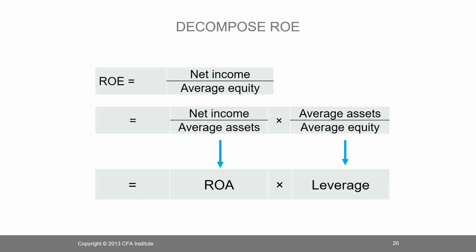Now, the two components can be interpreted as return on assets and leverage, because leverage expresses how many dollars of assets are supported by each dollar of equity. In other words, return on equity is a function of a company's return on assets, which is the net income divided by average assets, and its use of financial leverage, which is represented here by the average assets divided by average equity.